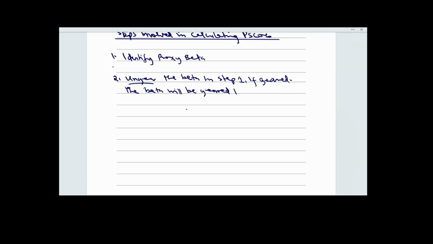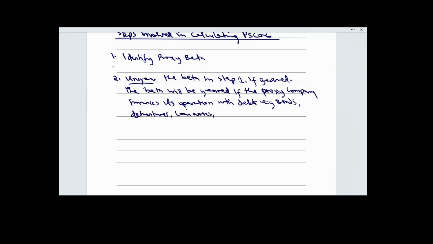If the proxy company finances its operation with debts, e.g., when in the question you can see bonds, debentures, loan notes, or bank loan, then of course it means that the proxy company is a geared company.